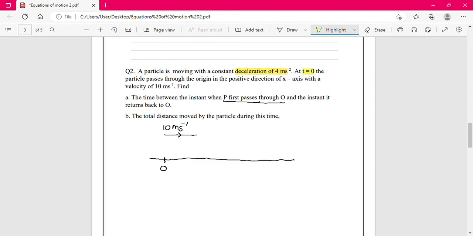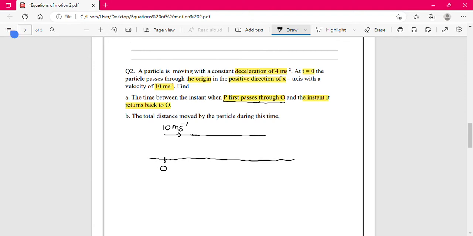At t is equal to 0, the particle passes through the origin in the positive direction of x-axis with a velocity of 10 meters per second, and you want to find the time between the instant P first passes through O and the instant it returns back to O. So here what will happen is the particle is decelerating, so it will cross O with a speed of 10 meters per second.